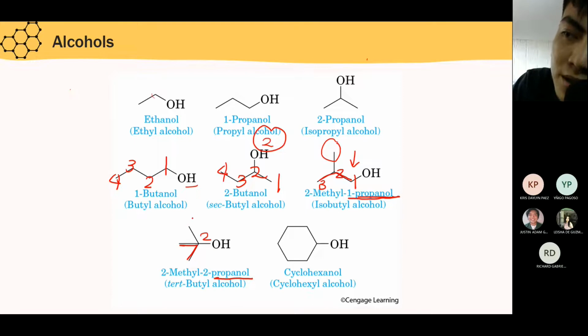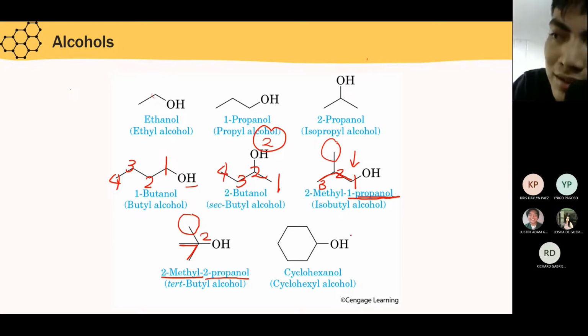So syempre, substituent muna. So 2-methyl. Tapos, since nasa carbon number 2 din yung OH, ano pangalan nun? E di 2-propanol. So the complete name is 2-methyl-2-propanol.